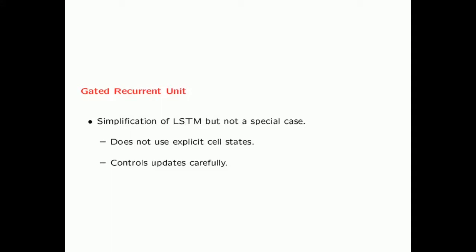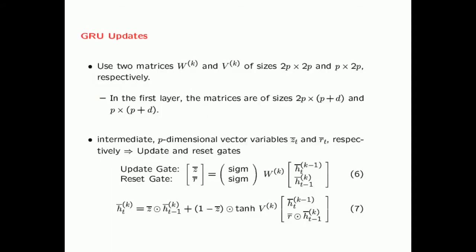So let's look at the gated recurrent unit, which performs these types of careful updates in order to have stable gradient flows. The gated recurrent unit is essentially a simplification of the LSTM, where you use fewer gates, and because you use fewer gates and fewer cell states, there are fewer variables you need to use.